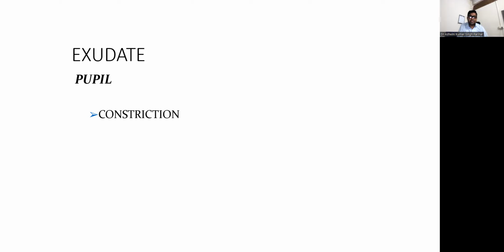Next comes the effect of exudates on the pupil. The pupil is an aperture in the iris. When exudates get deposited at the pupillary margin or in the iris, the normal constriction power of the iris will go. The normal pupil is round, regular, and reactive to light, with a direct and indirect reflex.